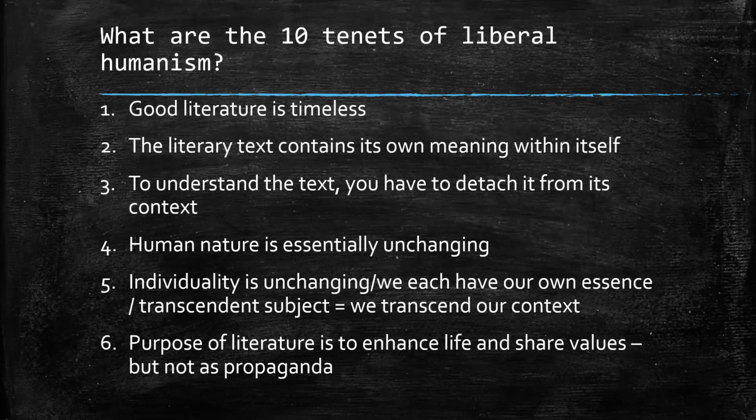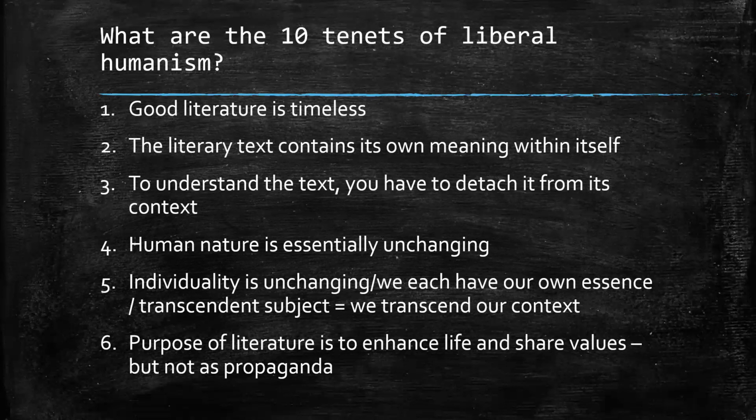Well, first, good literature is timeless. An author like Shakespeare, the liberal humanists say, is always going to be good literature. Good literature, the literary text, contains its own meaning within itself. You detach it from its context to understand what it means. The meaning is self-evident.